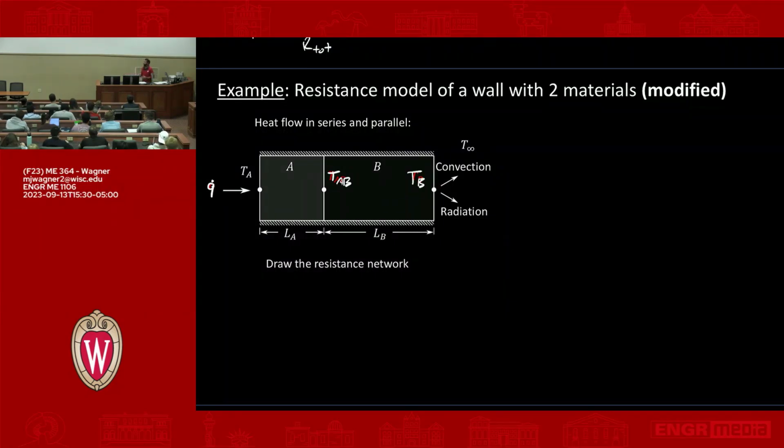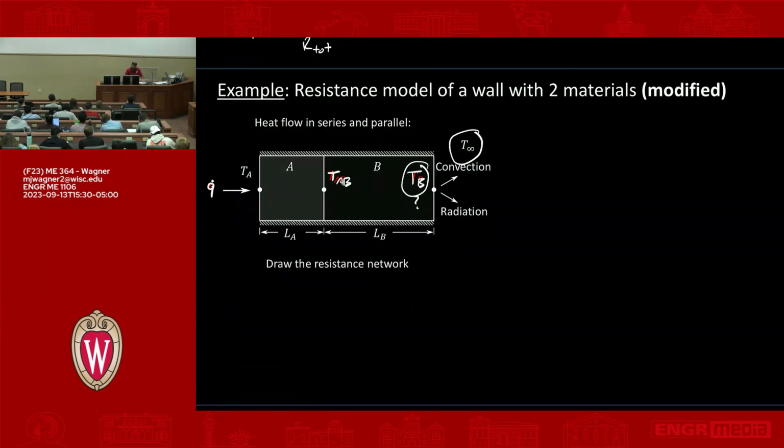So now we have basically the same situation, but instead of knowing TB here, this now becomes unknown, and we instead know T infinity, and we know that there's both convection and radiation occurring. So now let's actually draw out the resistance network for this, okay?